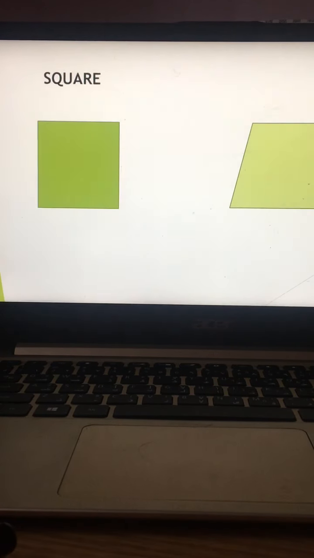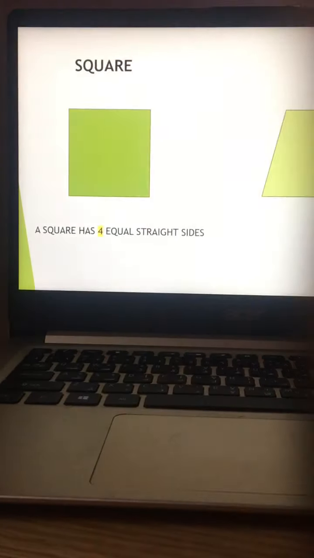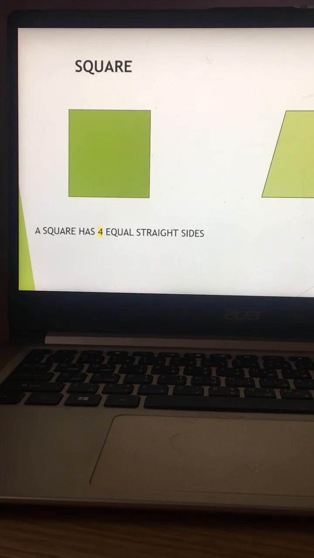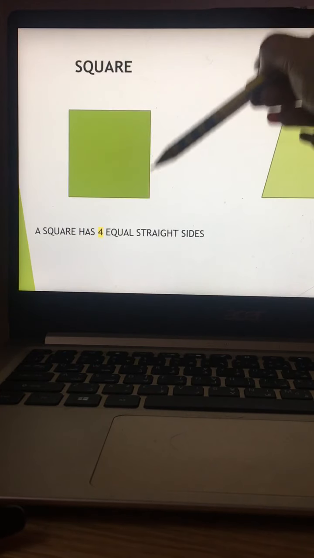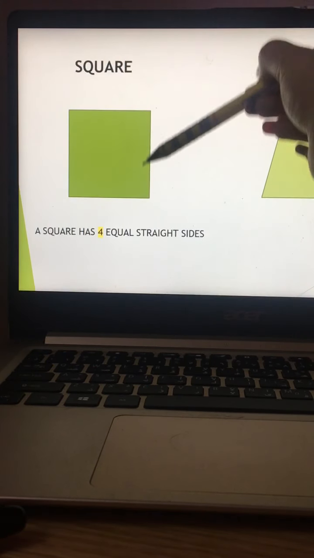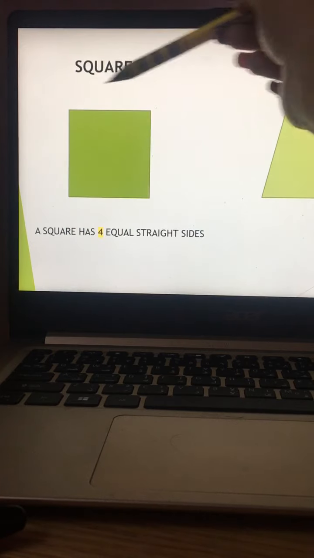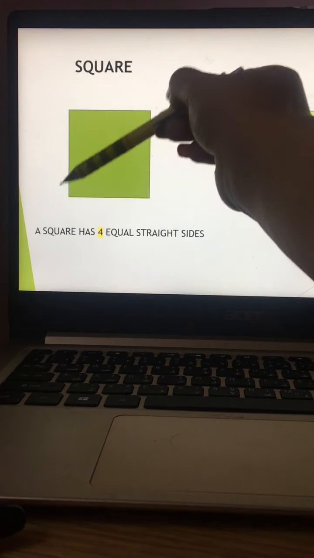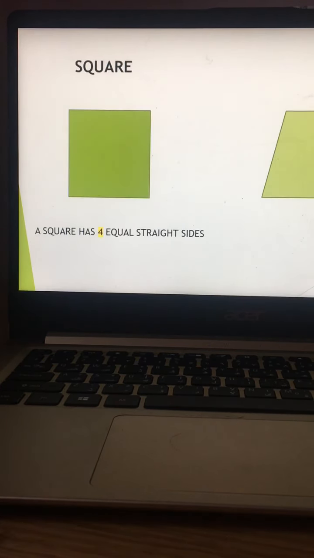The square has 4 equal straight sides. Why equal? Because the 4 sides of the square are exactly the same, they have the same measure.